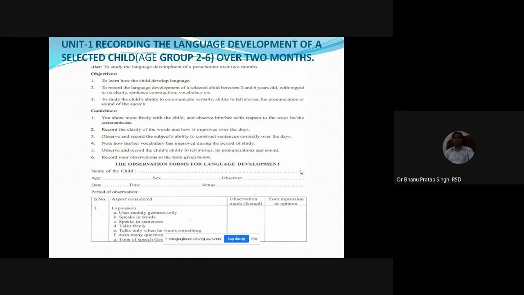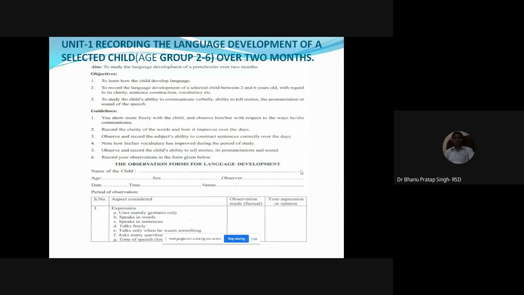Means the child is able to combine 2 or 3 words and make some sentences, and development in this particular ability you have to write down. Note how the child's vocabulary has improved during the period of study. Means each and every step you have to note down because it is a very long activity. This activity will take 2 months.